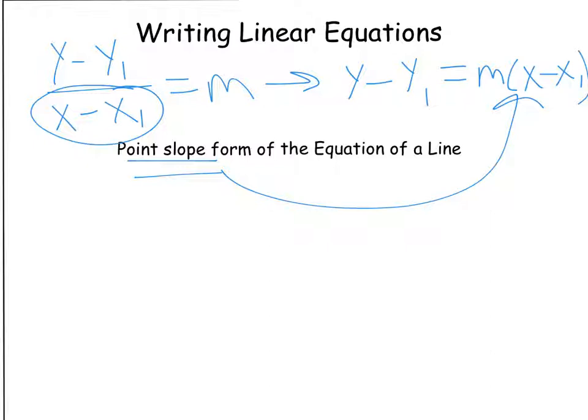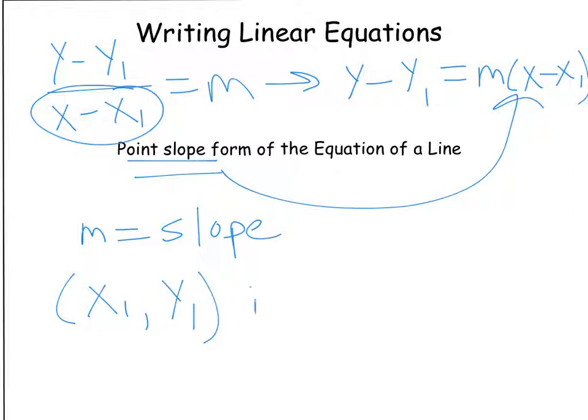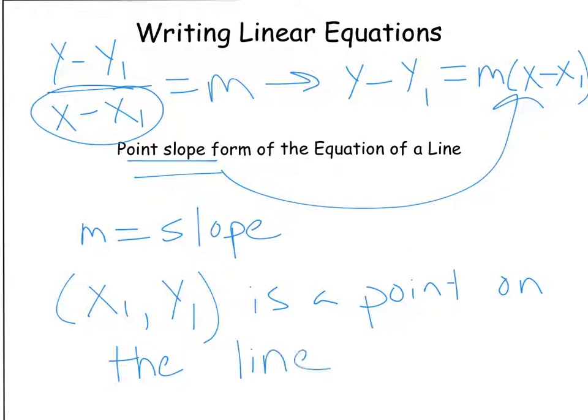And if that's the case, as far as making the jump to an equation, this is the form to use. So again, m is your slope, and then we do have to know one point on that line. But I wanted you to see that that equation is really nothing more than just the definition of slope rearranged, and it gives us a pretty useful form of a linear equation.